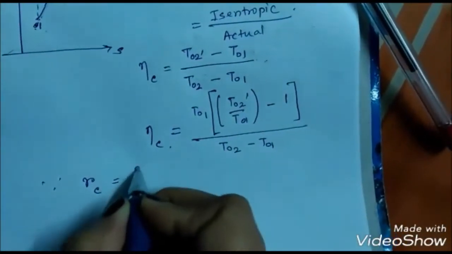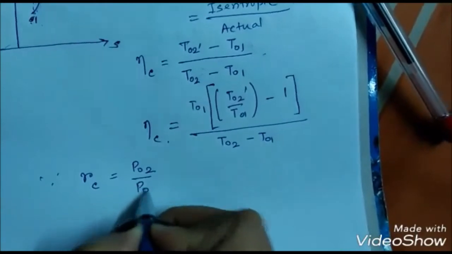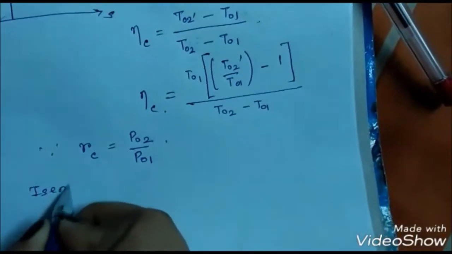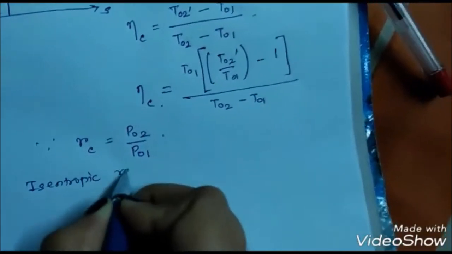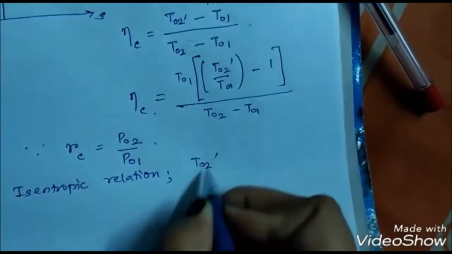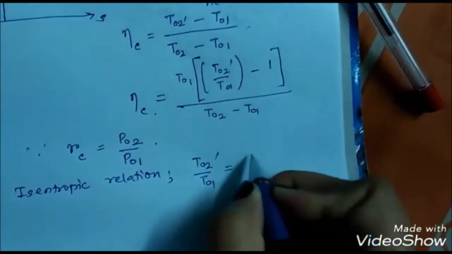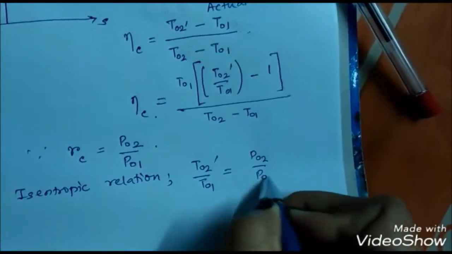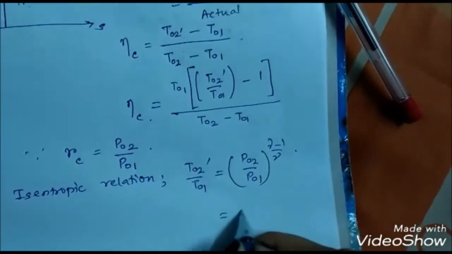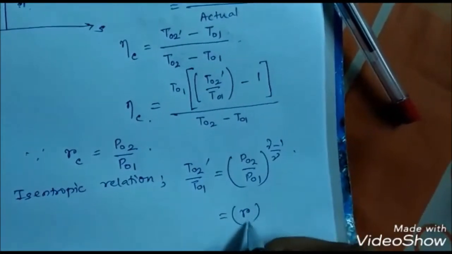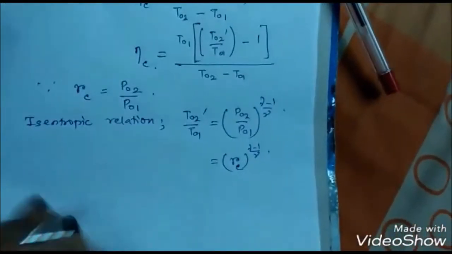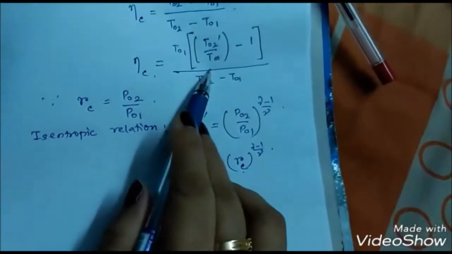What is the compression ratio? P02 by P01. So as per isentropic relation, T02 dash by T01 is equal to P02 by P01 to the power gamma minus 1 by gamma, or rather we can say Rc to the power gamma minus 1 by gamma. Now this value we are going to substitute over there.